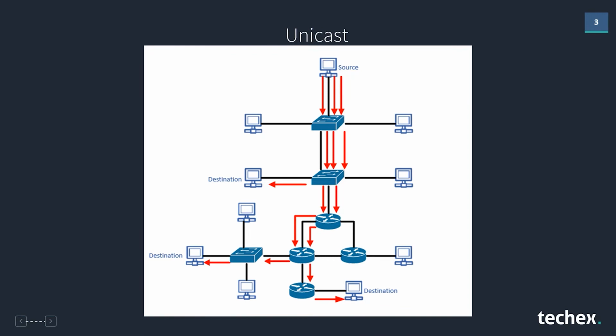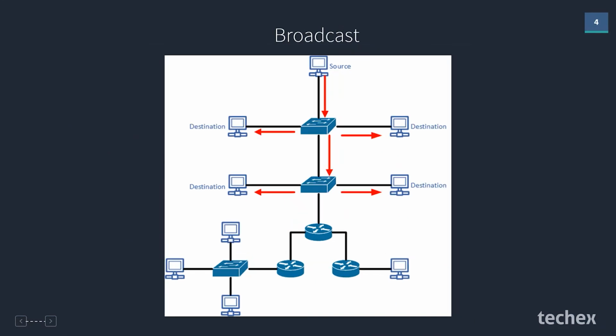If you're trying to unicast from one source to multiple destinations, in this case 3 destinations, you end up with 3 copies of the traffic coming from a single source and utilizing the links throughout the network, which obviously isn't as efficient as it can be. You then have broadcast. Well, that's only inside the layer 2 domain. So in this case, we're flooding inside these layer 2 switches, and all these destinations are receiving that traffic.